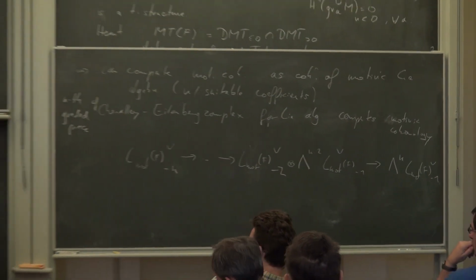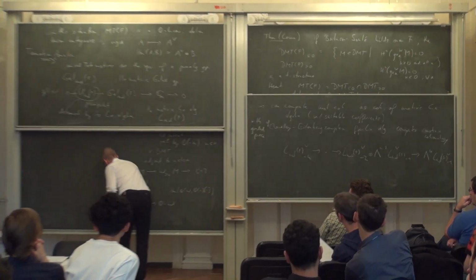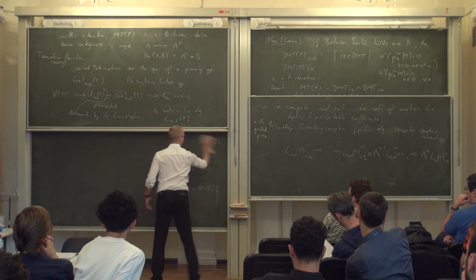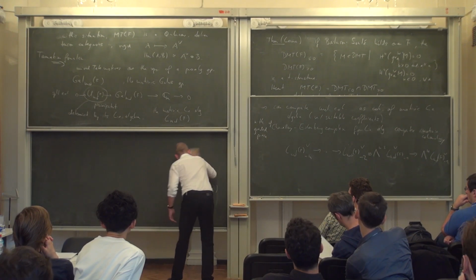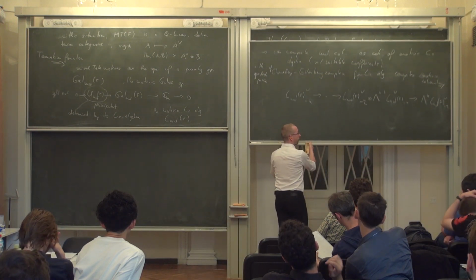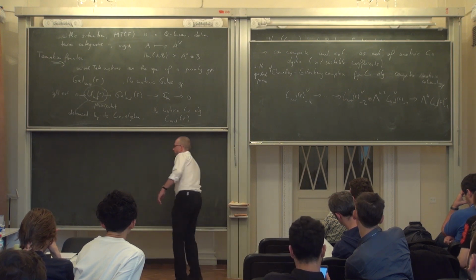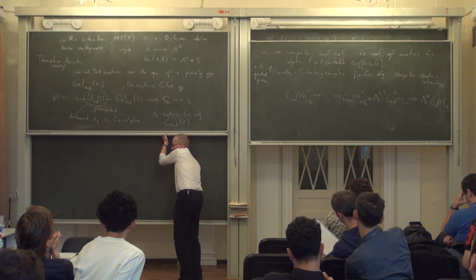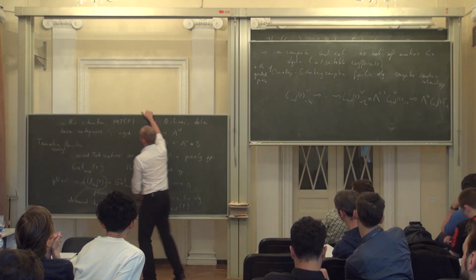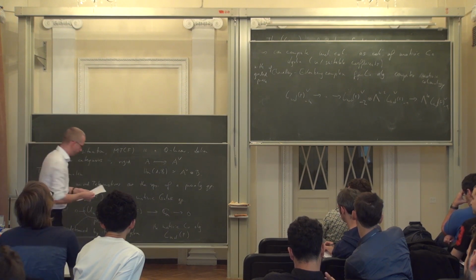So Goncharov has very specific conjectures about what this Lie algebra should look like. Maybe I shouldn't clean this other board. So Goncharov has very specific conjectures about this Lie algebra.